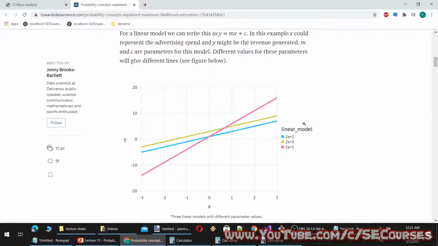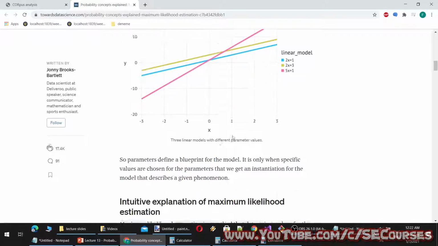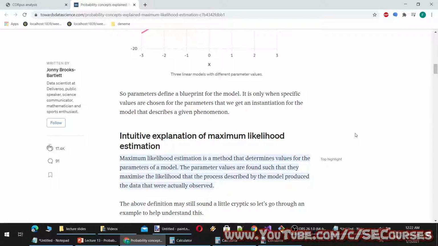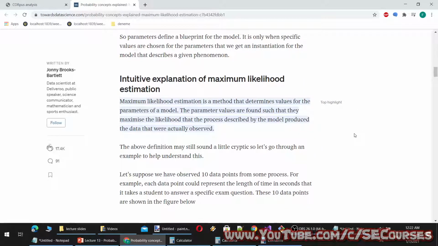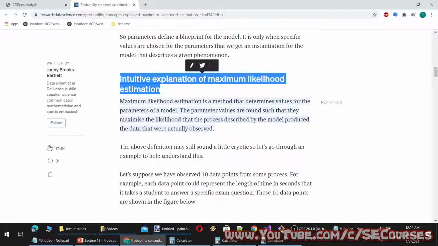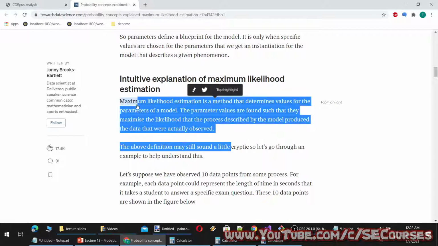See figure below. Okay, so this is the linear model, and let's continue. So parameters define a blueprint for the model. It is only when specific values are chosen for the parameters that we get an instantiation for the model that describes a given phenomenon.